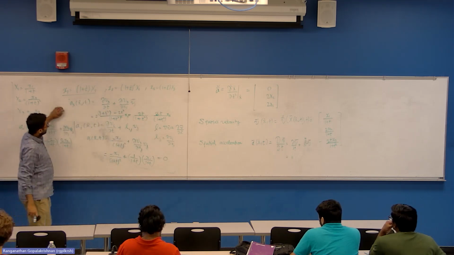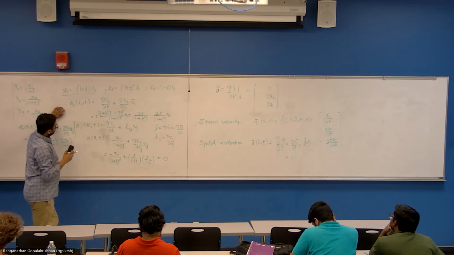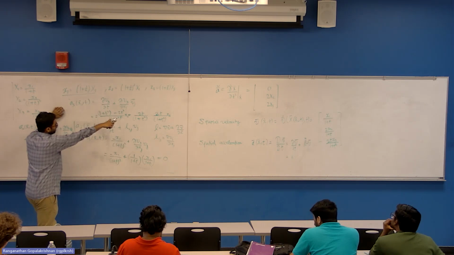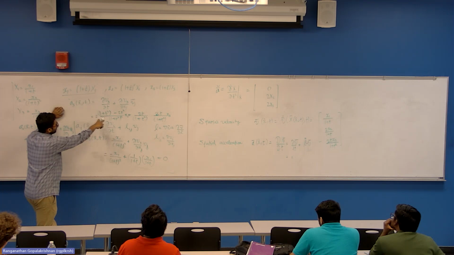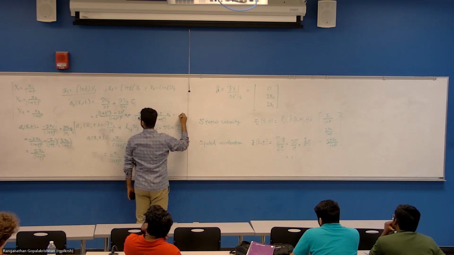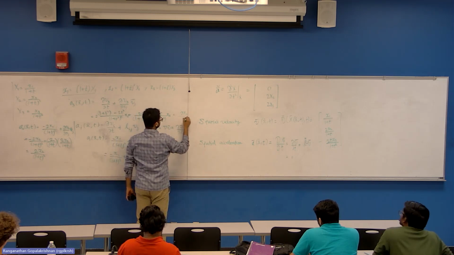Will this at least cancel? So you have 1 minus t squared plus 4t squared. Sorry, no. 2 minus 4t squared plus 4t squared. So the 2 stays. So this is like writing 2x3 divided by (1 plus t squared) squared.